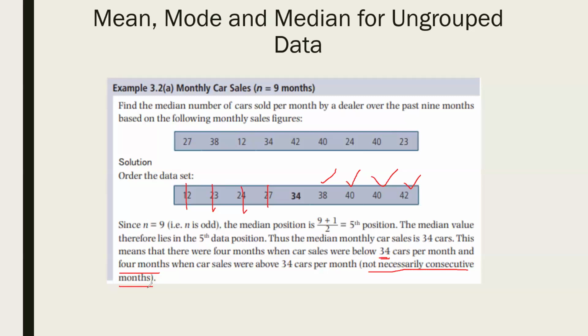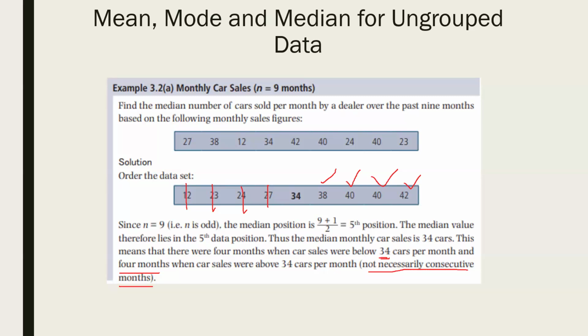We're just saying in general, there were 4 months from the period of 9 months where the car sales were above 34 cars per month. So that's how you interpret the median and an example of where you can use the median.